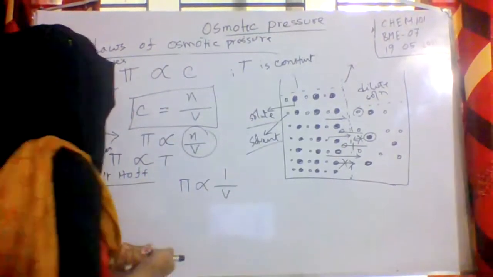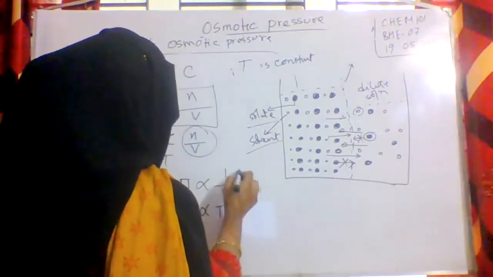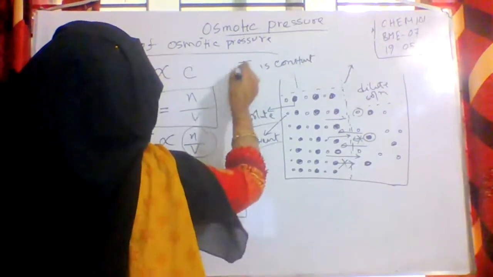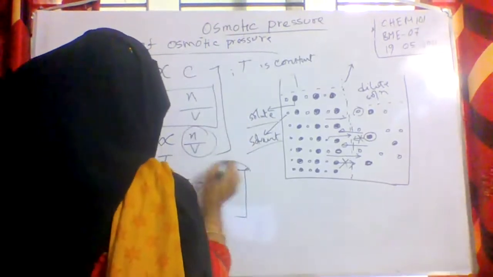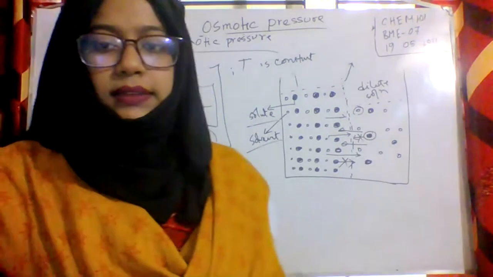So the Van't Hoff equation is this one. By combining these two, we can get both of these. In your book, you will find the details.